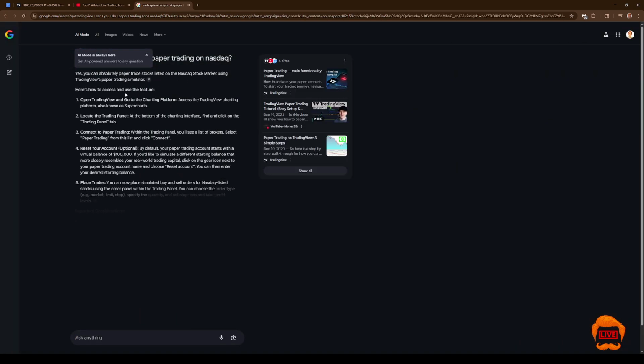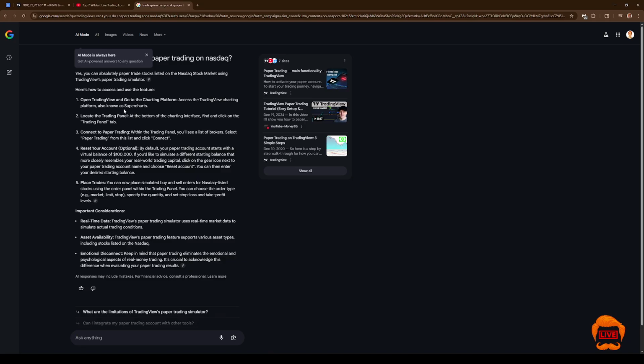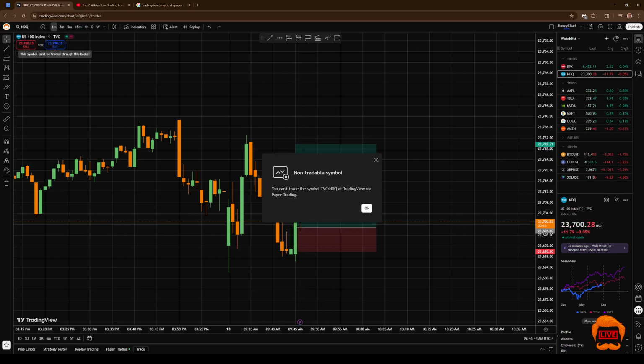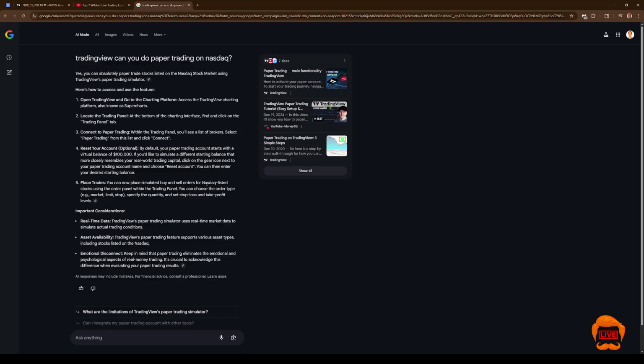Okay, fine. Yeah, I'll use the latest, greatest. Okay, so it's just not letting me do this. Non-tradable symbol. You can't trade this symbol at TradingView via paper trading. So this is lying.